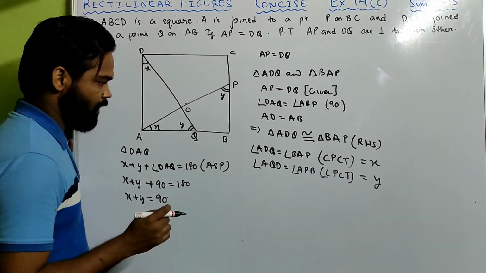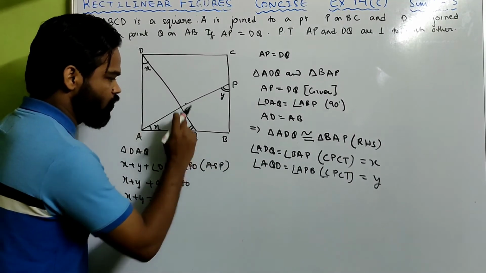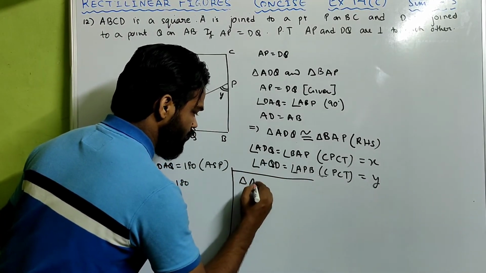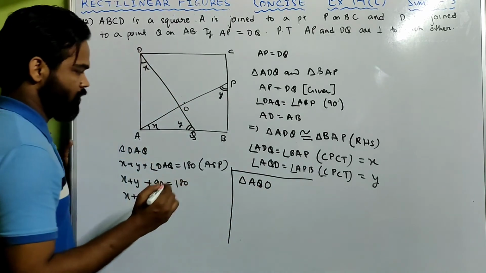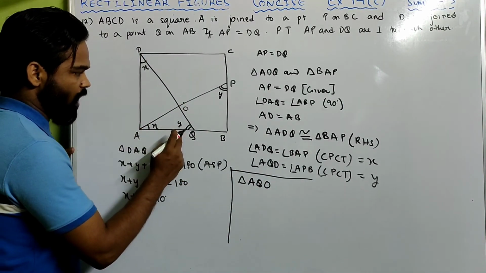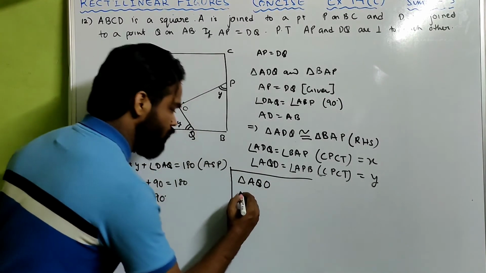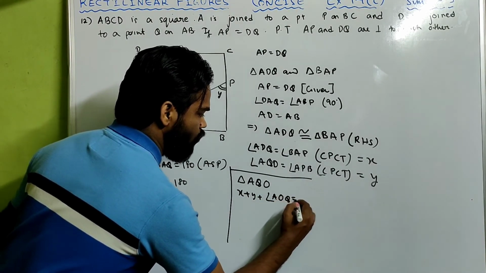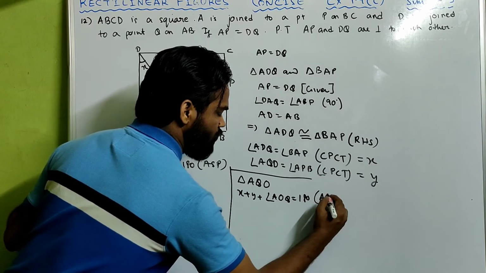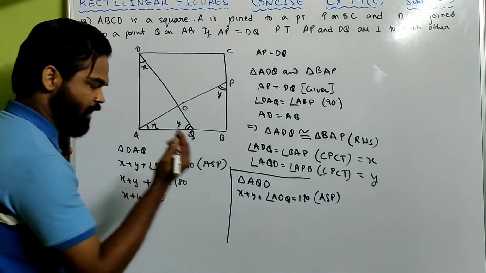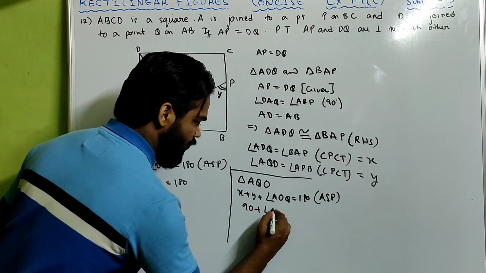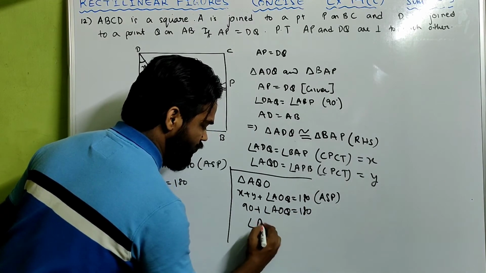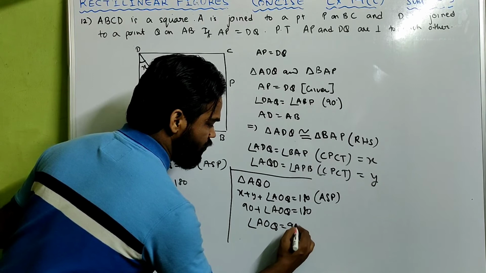Now if you look at triangle AQO, just look, X plus Y plus angle AOQ will be 180 degrees. Angle sum property. X plus Y is 90, we already know. So 90 plus angle AOQ equals 180, which means angle AOQ equals 90 degrees.